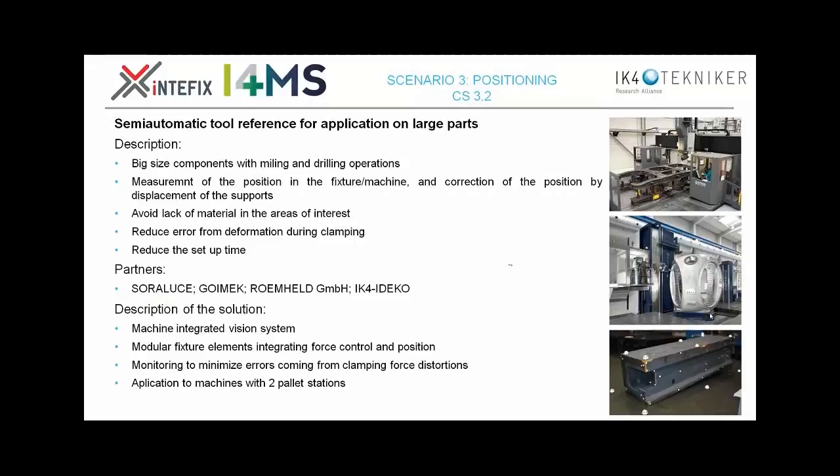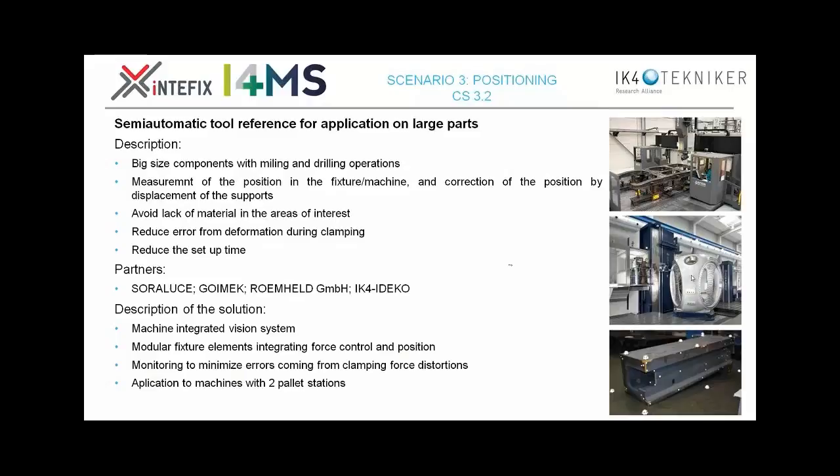And also, some of these components are deformed or distorted by the clamping forces. So these clamping elements should take care of these distortions, avoiding excessive distortion of the workpiece, because this could result in lack of material for different machining applications.